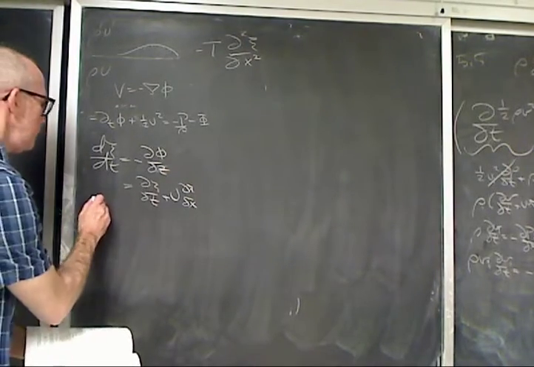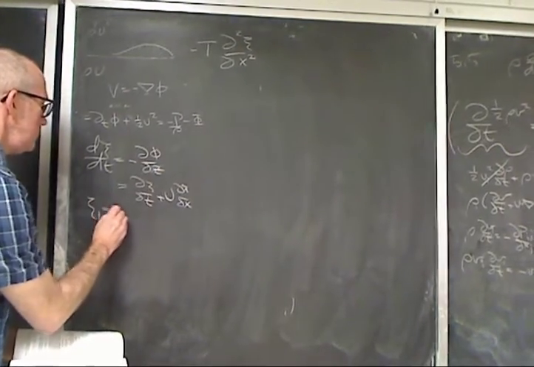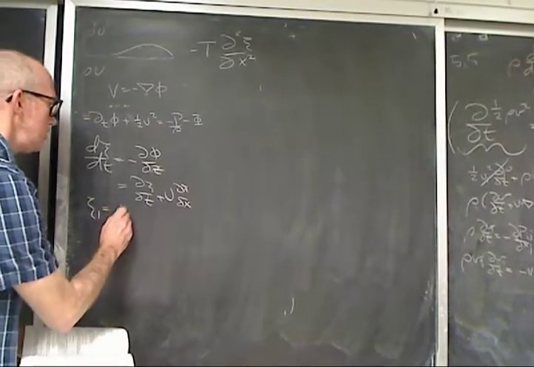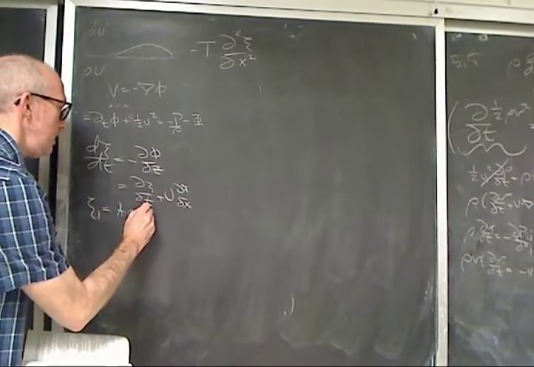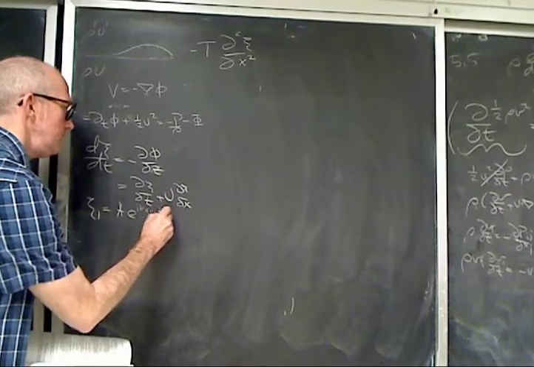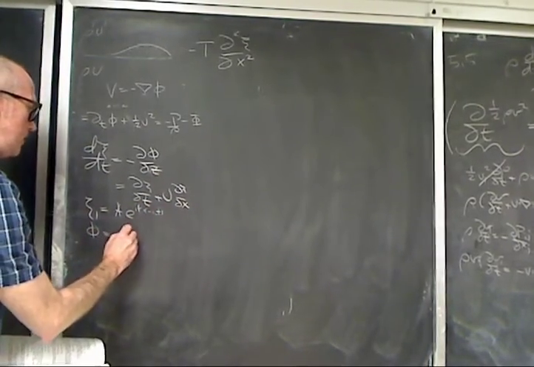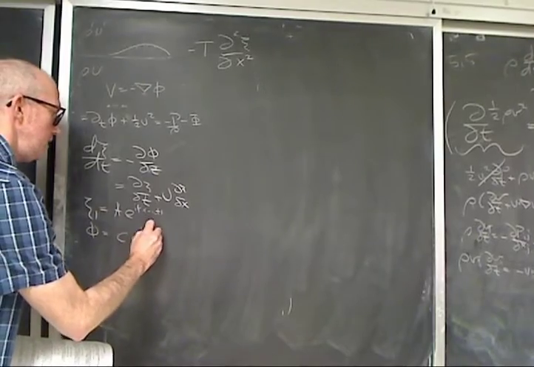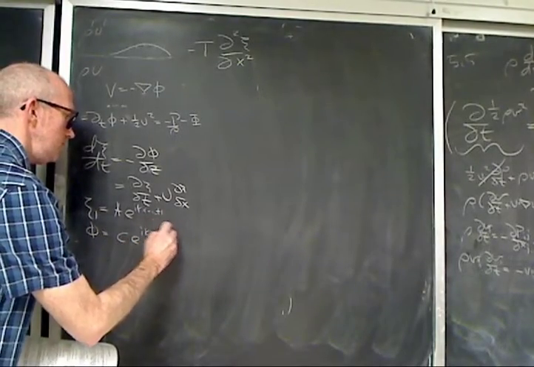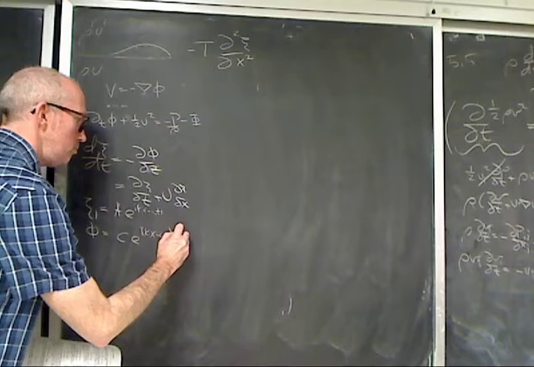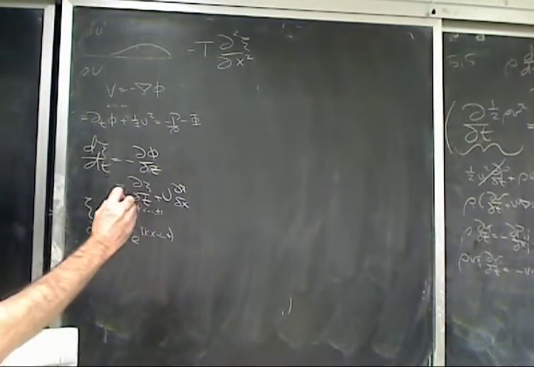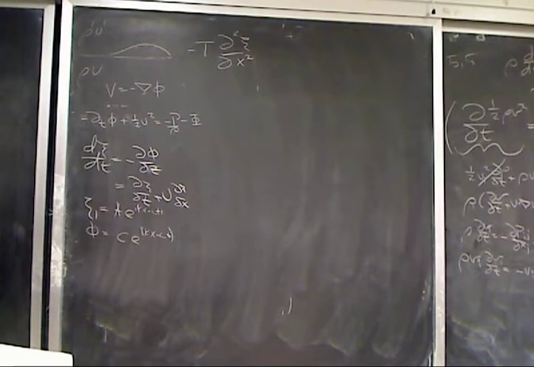Then we're going to say that the perturbation is going to go like a e^(i(kx − ωt)). And then my potential, φ, is going to go like c e^(i(kx − ωt)). φ is on the bottom.